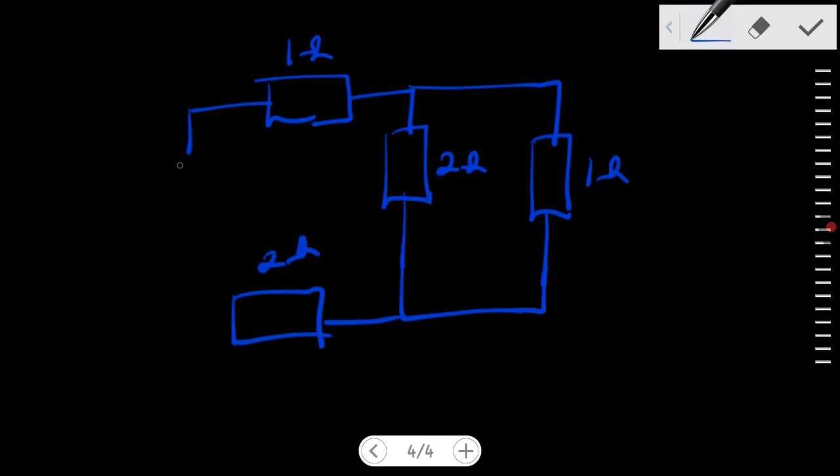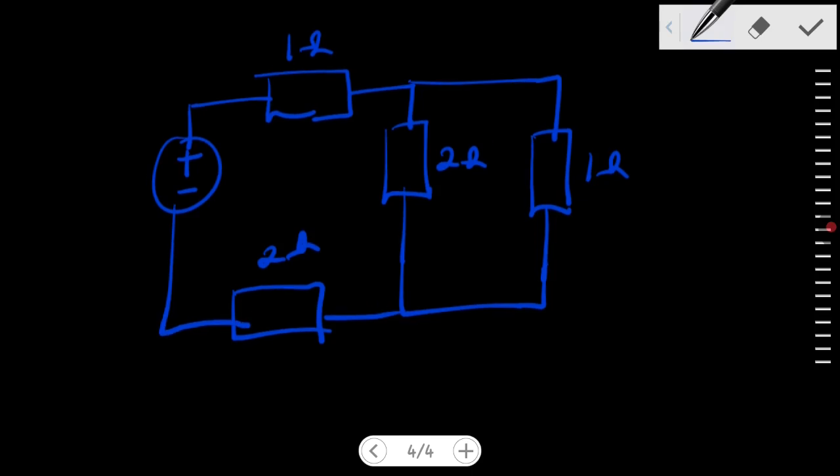They all have a 16 volt source, right? Now, this is 16 volts.